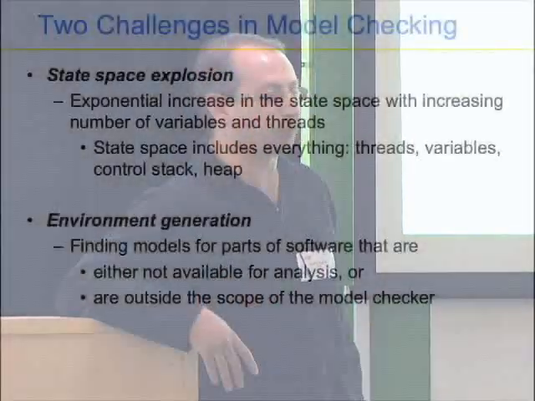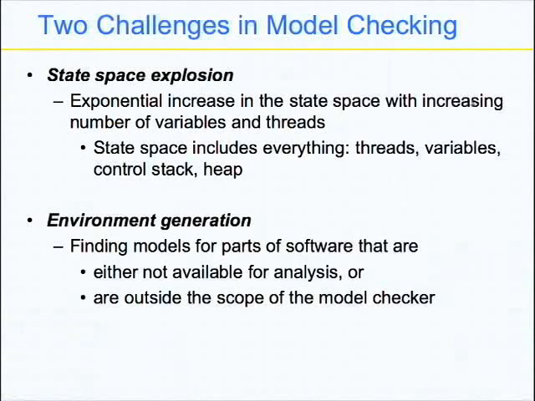So what is the problem with model checking? Well, first of all, it's a very ambitious thing to do. Checking all possible behaviors of a program is impossible, based on some undecidability results. Even if you bound the state space to a finite state space, it's decidable, but it's very hard, because the state space includes everything: all the threads, variables, control stack, heap.